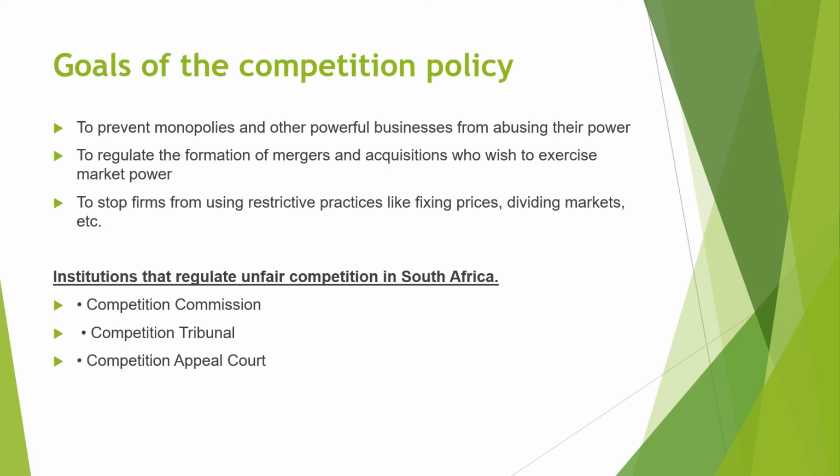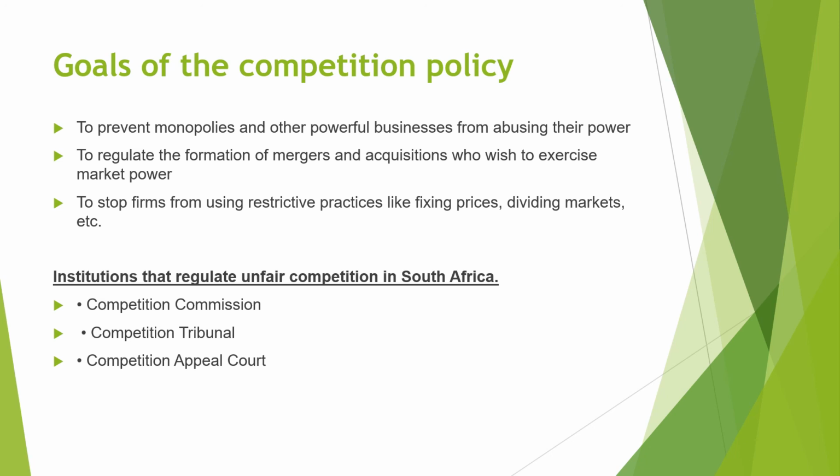Triple BEE. The goal of the competition policy is to prevent monopolies and other powerful businesses from abusing their power. Remember, monopolies are the only providers, so it means that they have full control, they have power over the consumers.